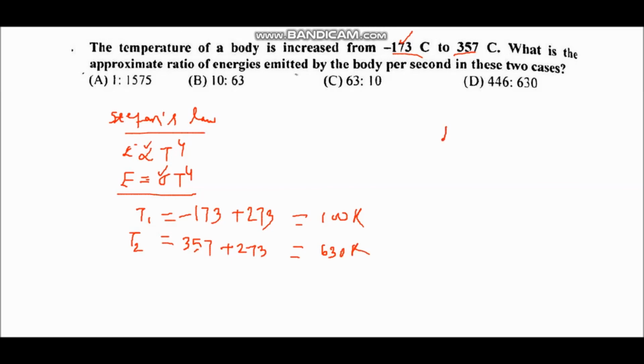So the ratio of energies E1 over E2, as sigma is constant, it will cancel out, and this is equal to T1 power 4 over T2 power 4, and after solving this we will get 1 over 1575. So this is the ratio of energies. So it means option A is correct.